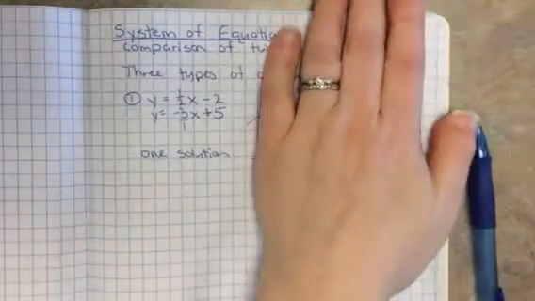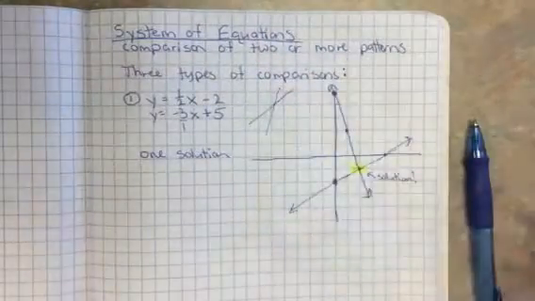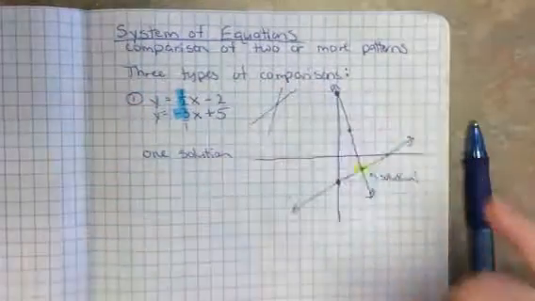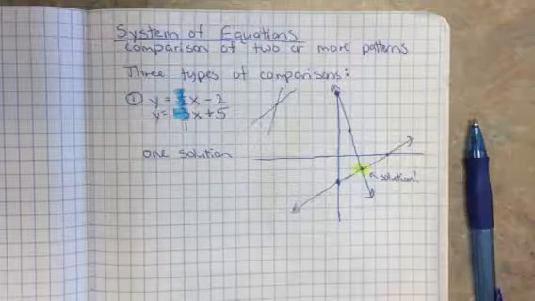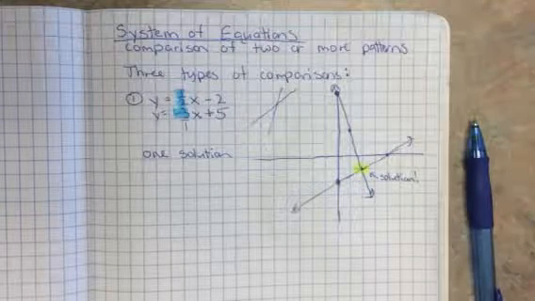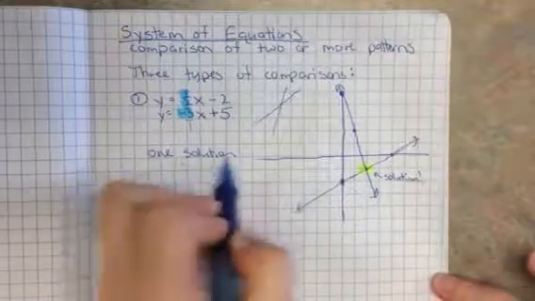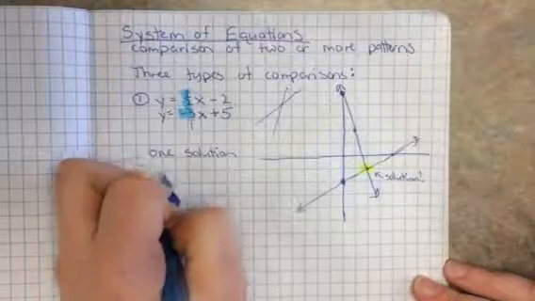So I could actually have told that they were going to cross just by looking at this, because this has one slope and this has a different slope. Anything with different slopes means that the lines have different steepnesses, which means they're going to cross somewhere because they're going at different angles. So that's kind of the big giveaway: you're going to have lines that cross. Slopes are going to be different.